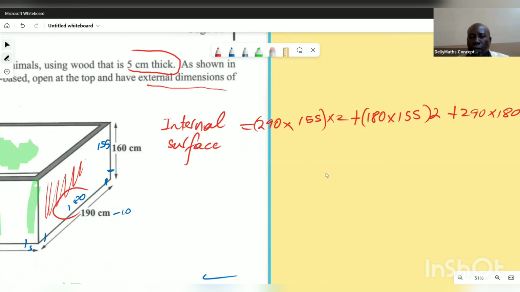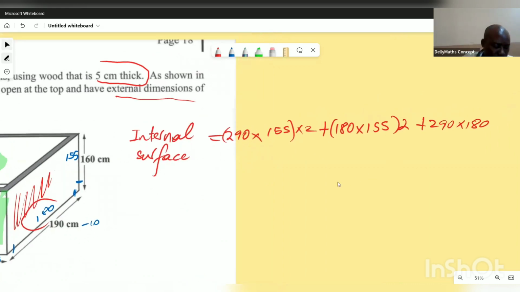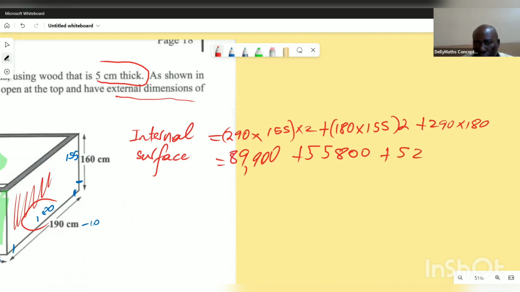All right, so we need to put together these measurements and then work out. So let us just work this out. 290 times the 155, you're going to double that, and this part gave us 89,900. We have 180 times 155 times 2, and that part gave us 55,800, plus 290 times 180, which is 52,200.